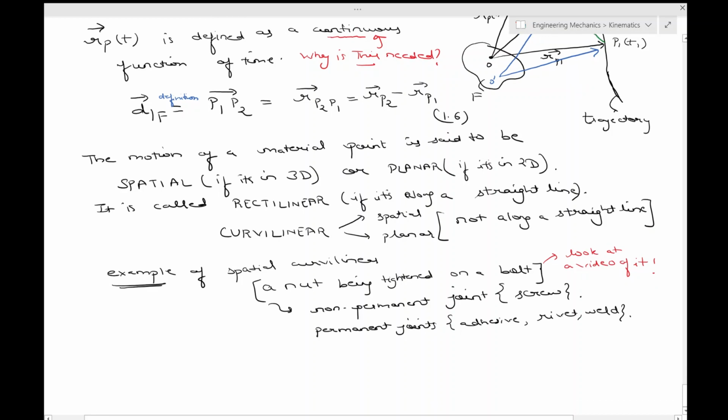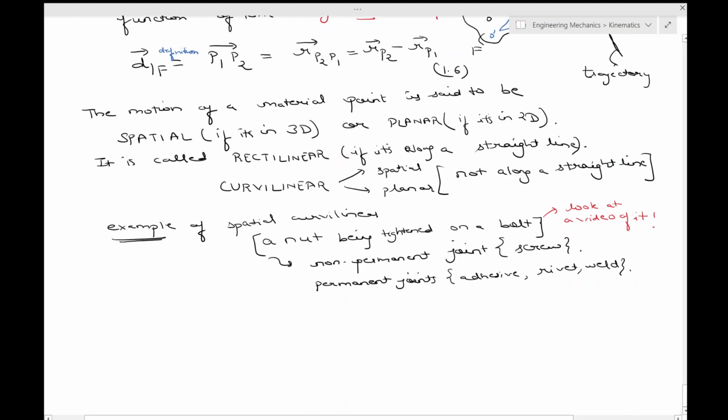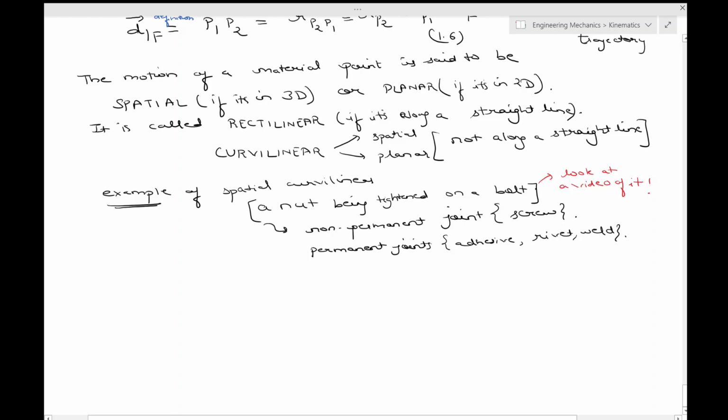And why is it a spatial curvilinear and not rectilinear? Now let's try to define some of the other terms, like the velocity and acceleration.